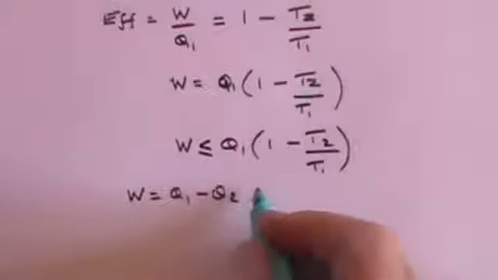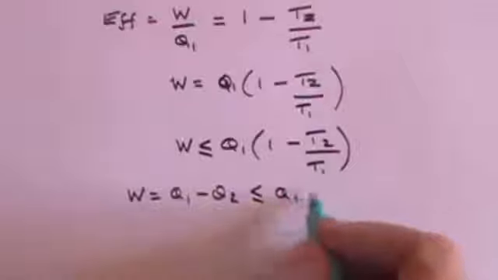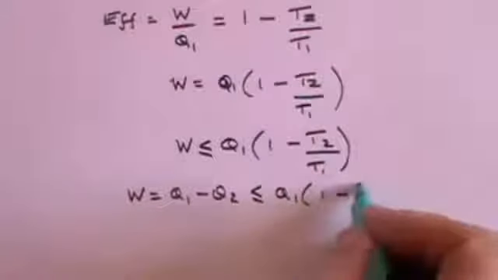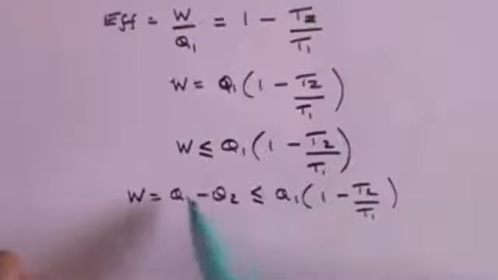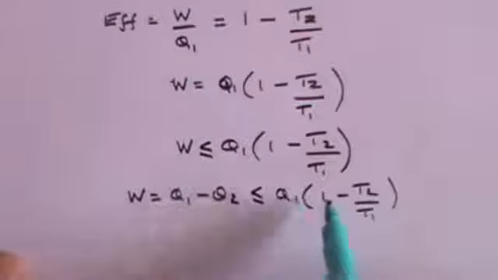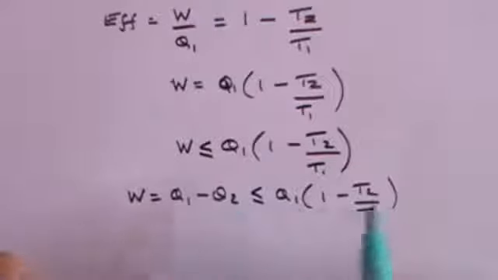And so that is going to be less than Q1 times (1 minus T2 over T1). Obviously this Q1 here will cancel that Q1 term there, leaving minus Q2 equals minus Q1 T2 over T1. So let's just write that out.